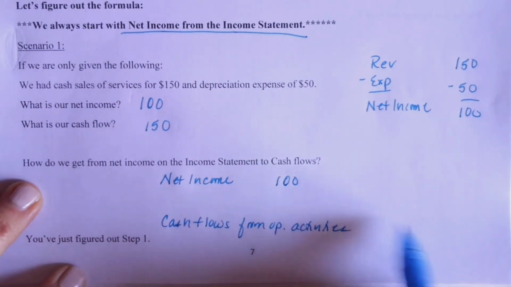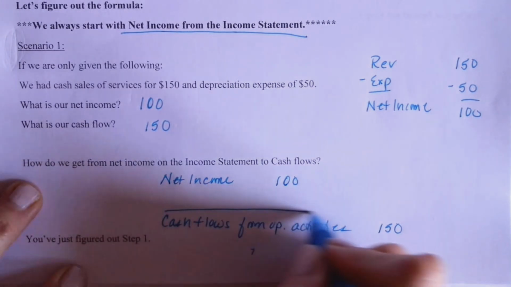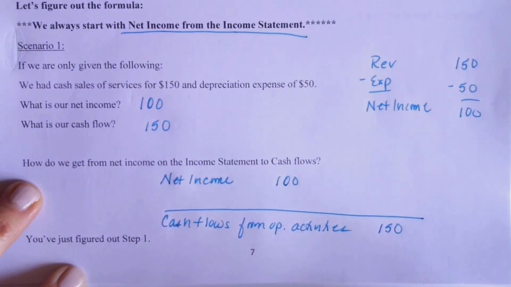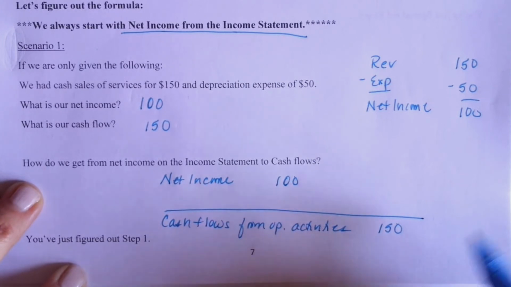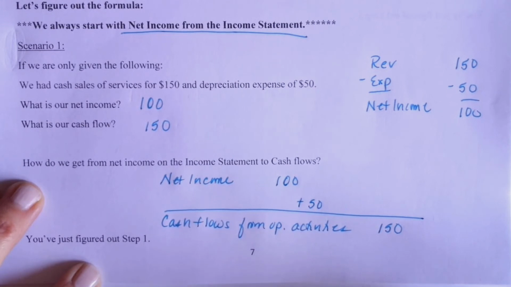And you guys told me that was 150. So how do we get from there to there? What do we have to do? We have to add 50. And what is that 50? Where did it come from? Depreciation? Yeah, so we have to add back the depreciation expense.